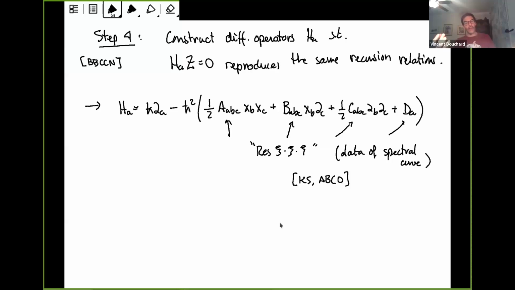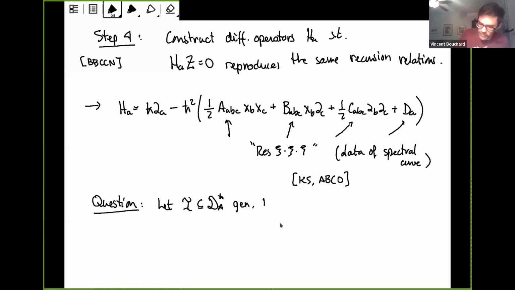Okay, so this is all very nice. All this is, again, just rephrasing. You're just starting with the loop equations and basically recasting them as the action of differential operators on the partition function. But that doesn't tell you whether it's an Airy structure. The question here is, you construct a left ideal generated by these operators.